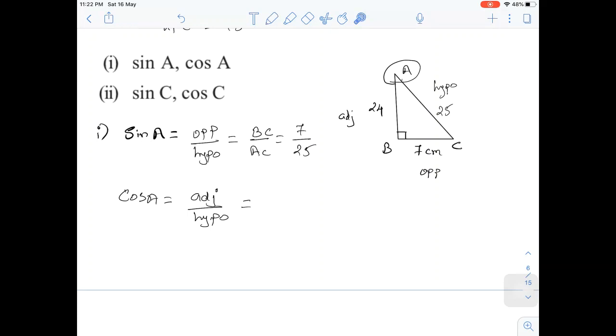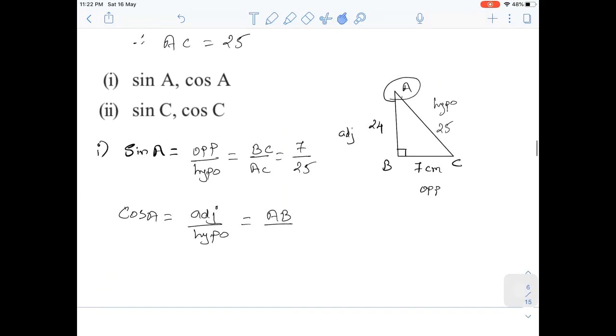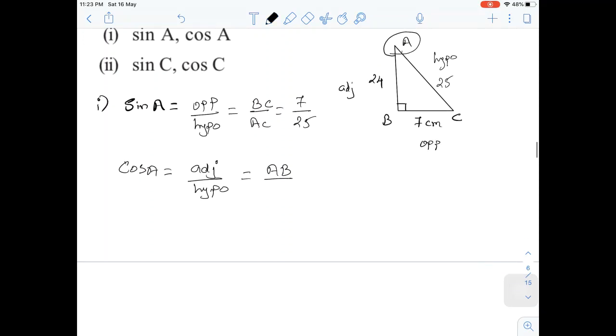Here it can be seen that for angle A, AB is the adjacent side. Okay. So let us write here, that is AB upon AC, our hypotenuse. Now the value of AB is 24, the value of AC is 25. So our answer is 24 upon 25.